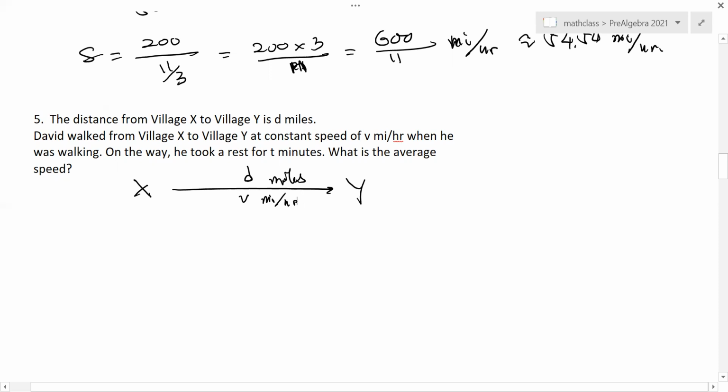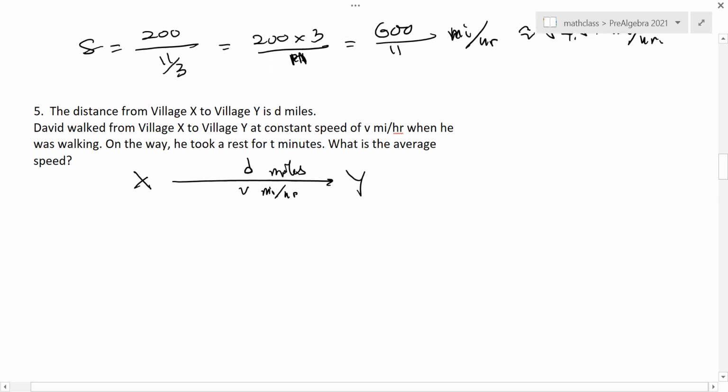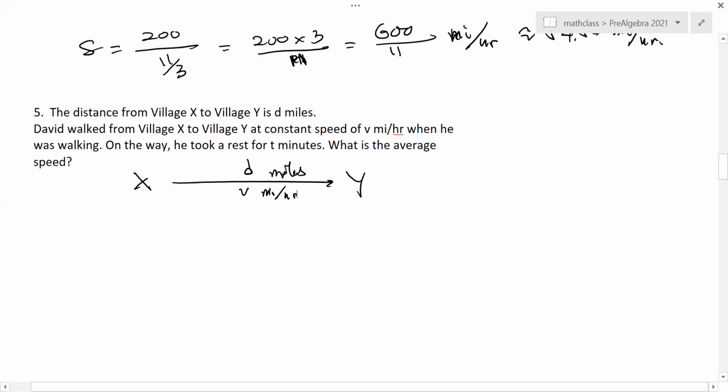So let's see. The distance he travels is already given, it's d miles. The question is how much time it takes for him to complete this travel. Assuming he does not stop, the time he travels is d divided by v.